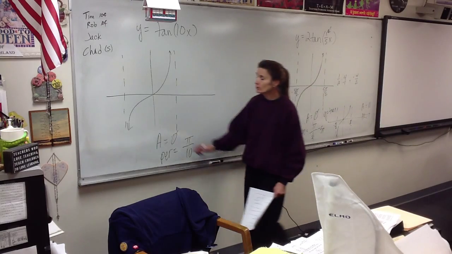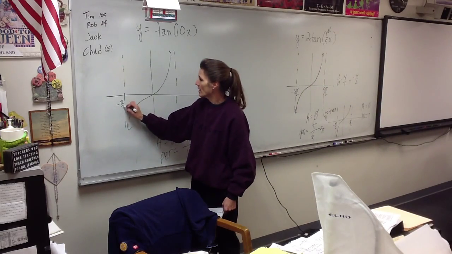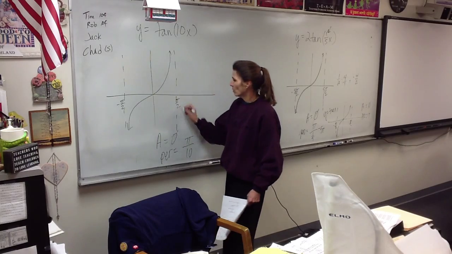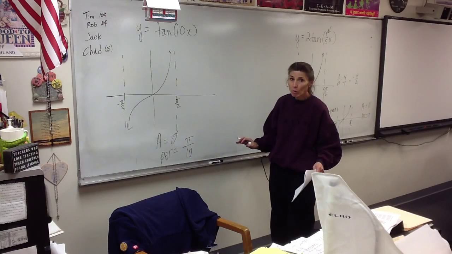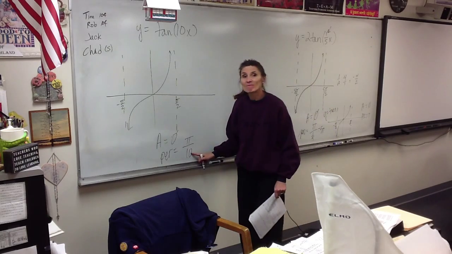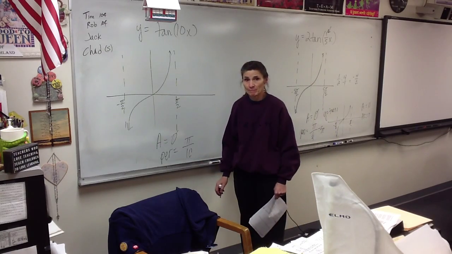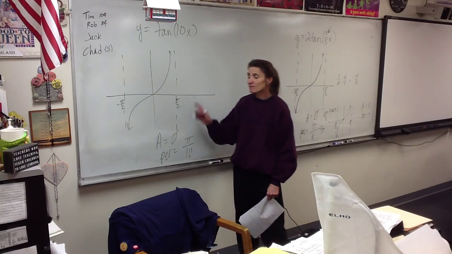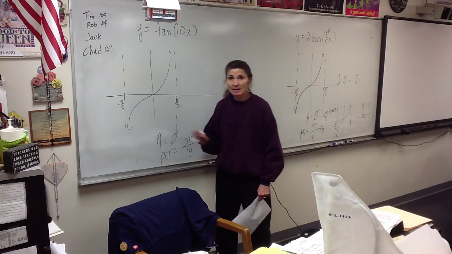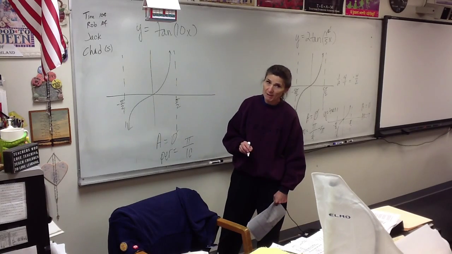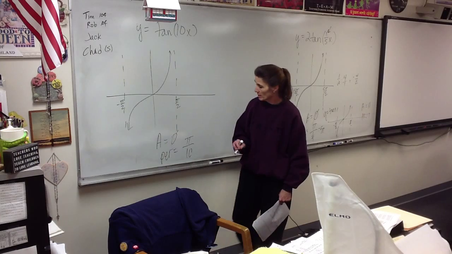Your regular labels are negative 1/2 pi and positive 1/2 pi. This time, everything horizontally has been divided by 10. These are fractions. Instead of dividing by 10, I'm going to multiply them by 1/10.